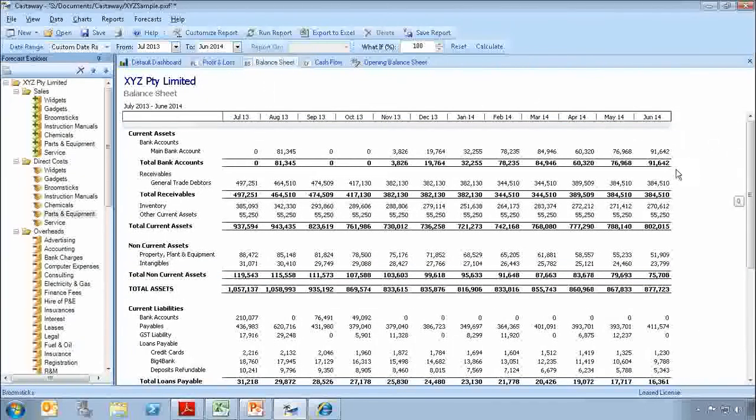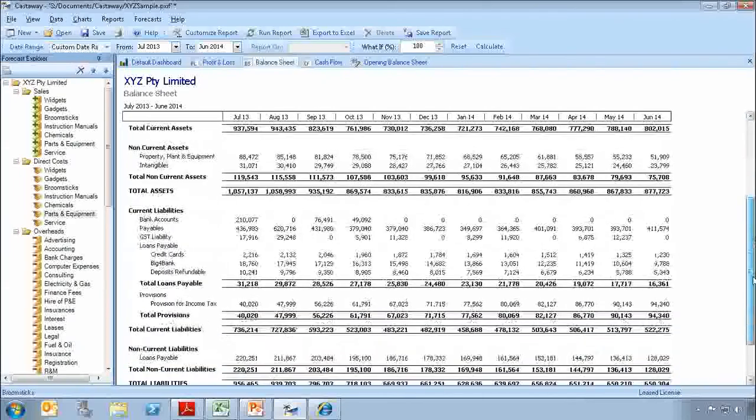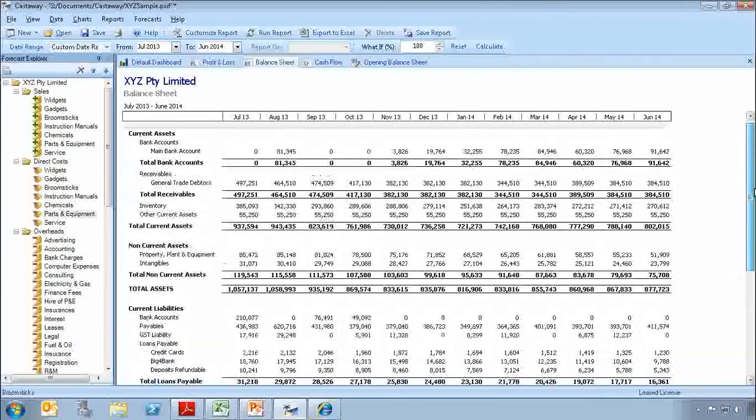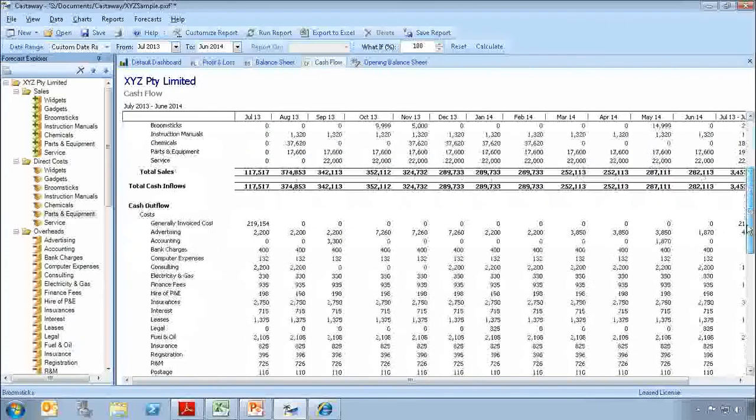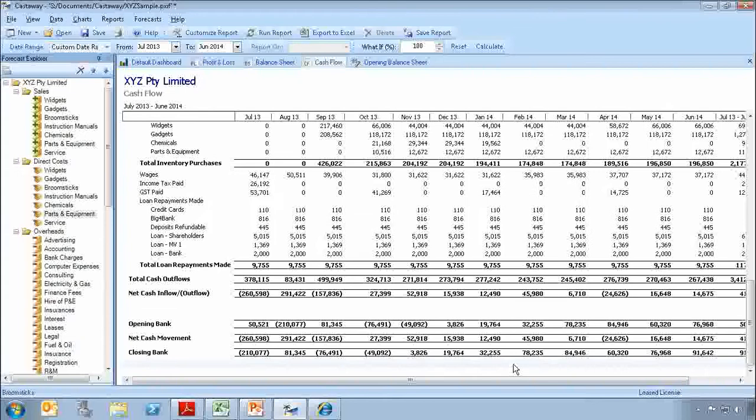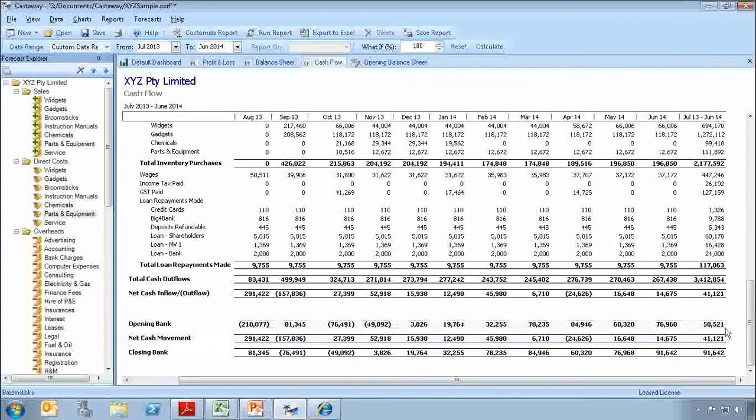Basically what you'll see is over on the right hand side that our bank account balance has actually almost doubled to 91,000, and if we look at our cash flow, it will show that we started off with 50,000 at the start of the year and we ended up with 41,000 positive cash movement, so that we ended up with 91,000 in the bank.